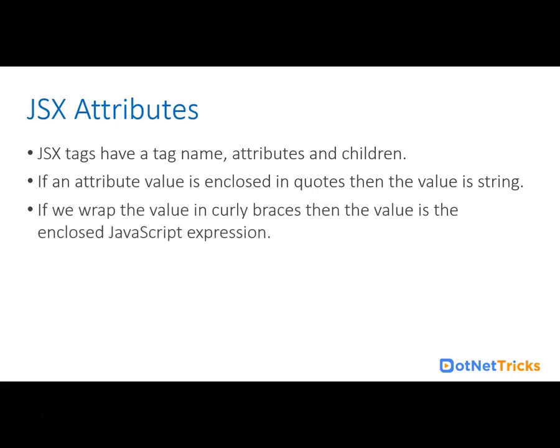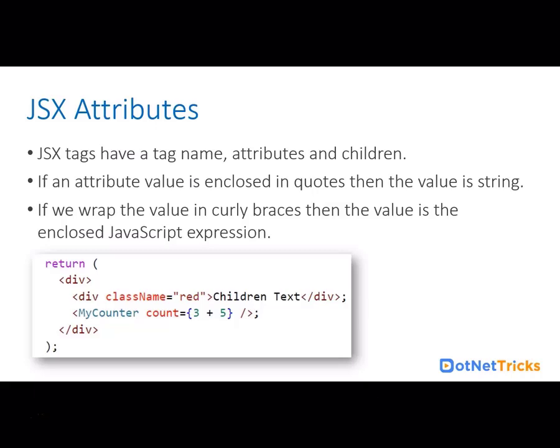But if we wrap the value in curly braces, then the value is treated as a JavaScript expression in terms of the React component. Just like this, we have two elements. One is div and another is myCounter. Here div is an HTML element and myCounter is another React component.